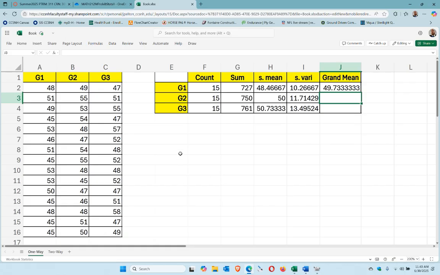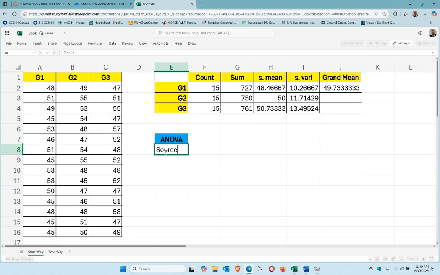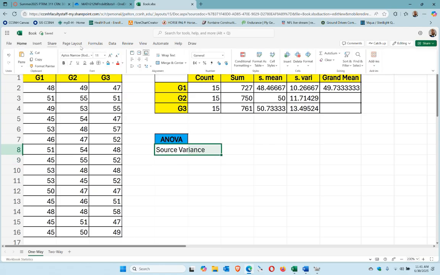Okay, so we'll go down to here and we'll say ANOVA. We'll bold that, box it, center it. We'll make that blue. And we need the source of the variance. And we'll put those together, merge them.